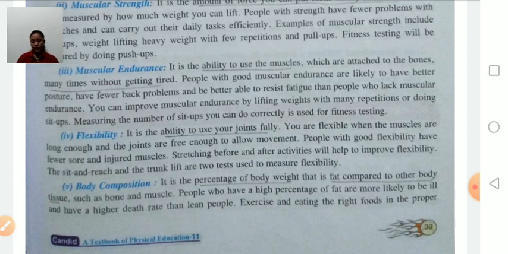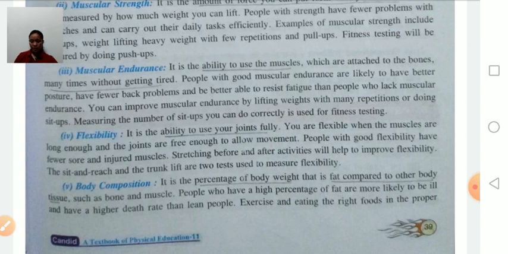You are flexible when the muscles are long enough and the joint. The person who has good flexibility will have little pain and less injury to the muscle. You can improve your flexibility by warming up or doing stretching before any activity. The sit and reach test is used to measure flexibility.